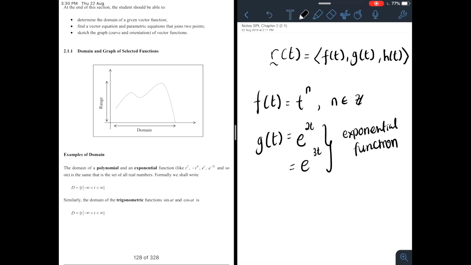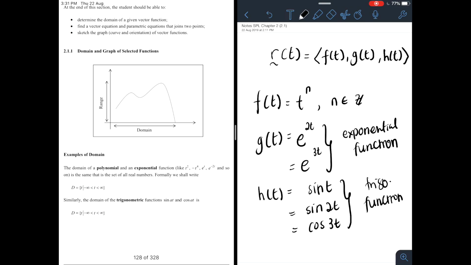Then let us take a look at the other type of function, the trigonometric function. Trigonometric function is defined as sine t, sine 2t or cosine 3t. So these are examples of trigonometric function.